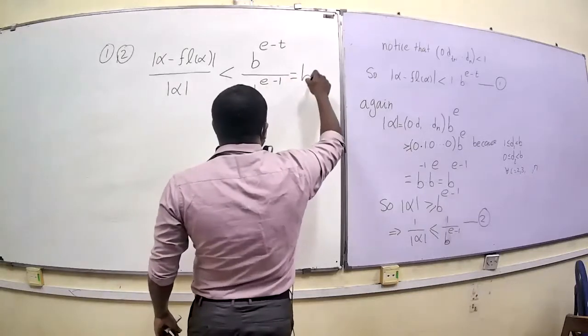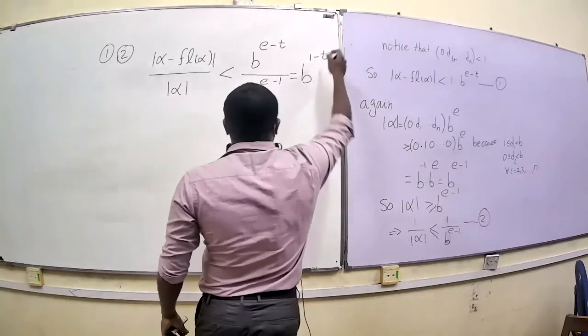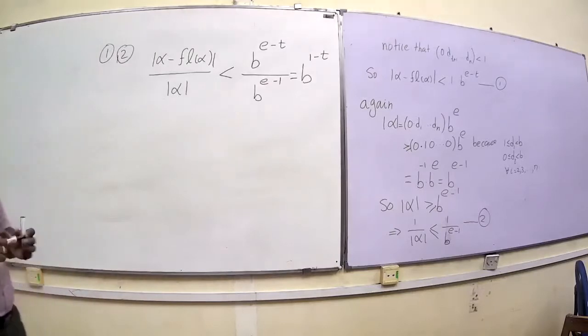So if you combine this, you get b to the power 1 minus t. That is what we wanted to prove.